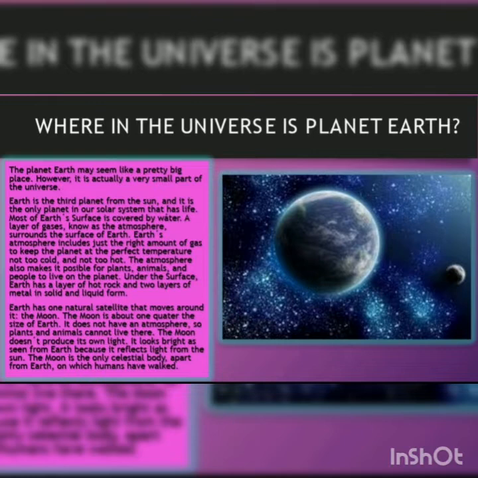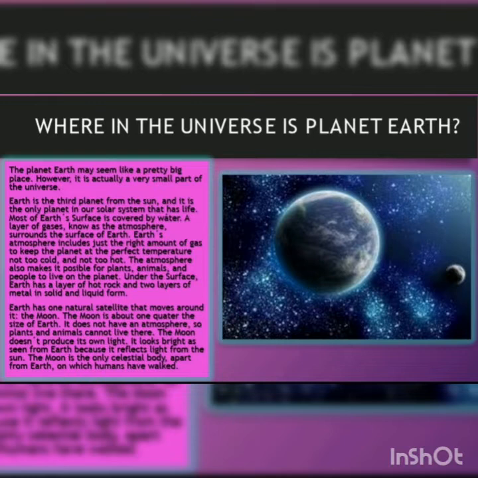A layer of gases known as the atmosphere surrounds the surface of Earth. Earth's atmosphere includes just the right amount of gas to keep the planet at the perfect temperature, not too cold and not too hot. The atmosphere also makes it possible for plants, animals, and people to live on the planet.